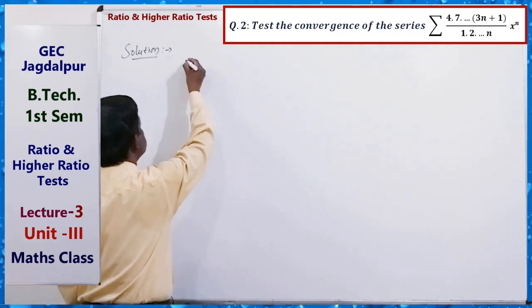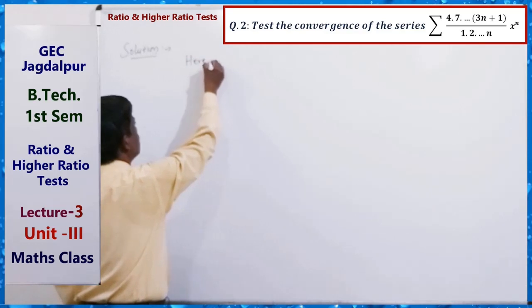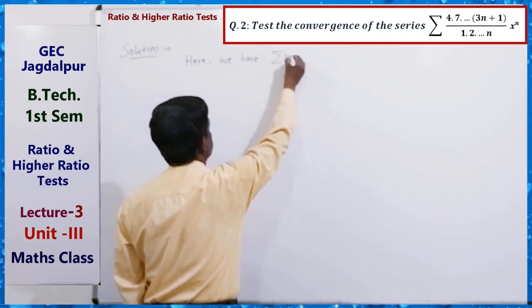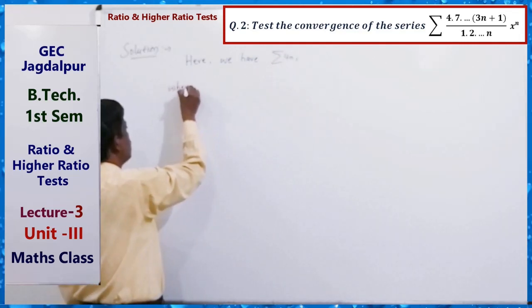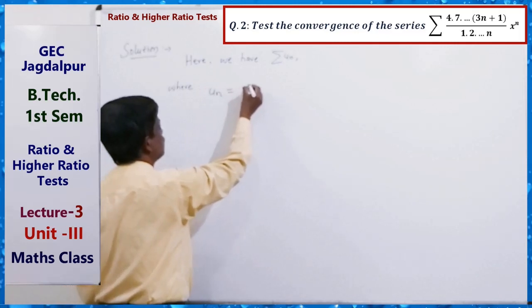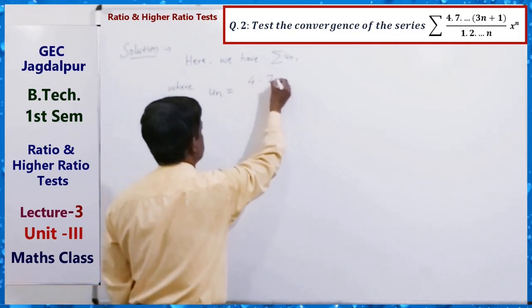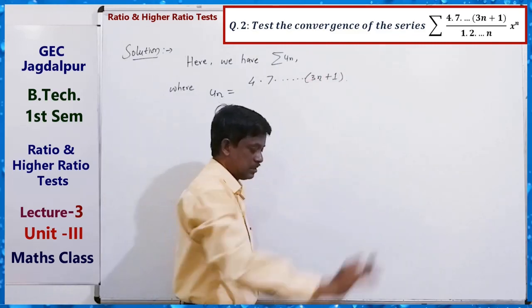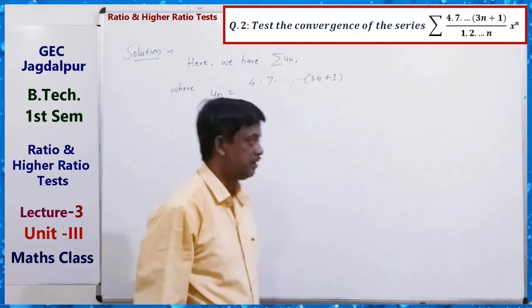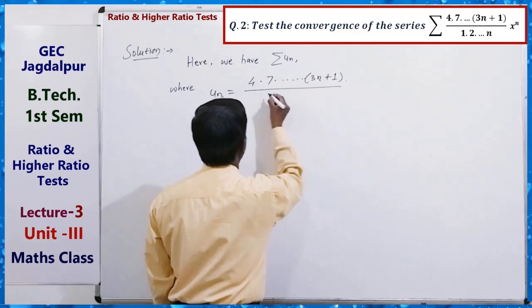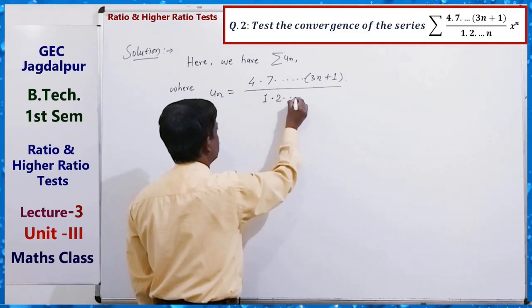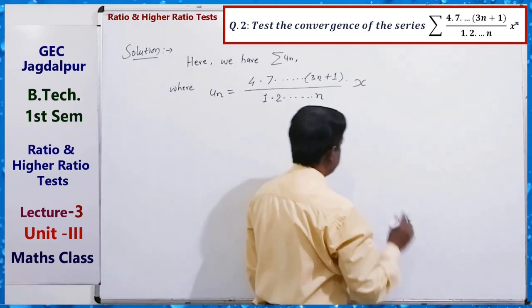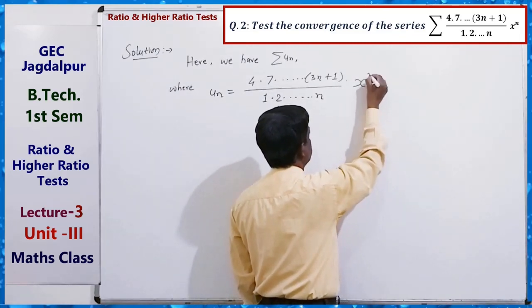Test for the convergence of the series. Here we have the series summation un where un equals 4 into 7 into 3n plus 1, just like this, over 1 to 3n, 1 to n, x to the power n, x to the power n.